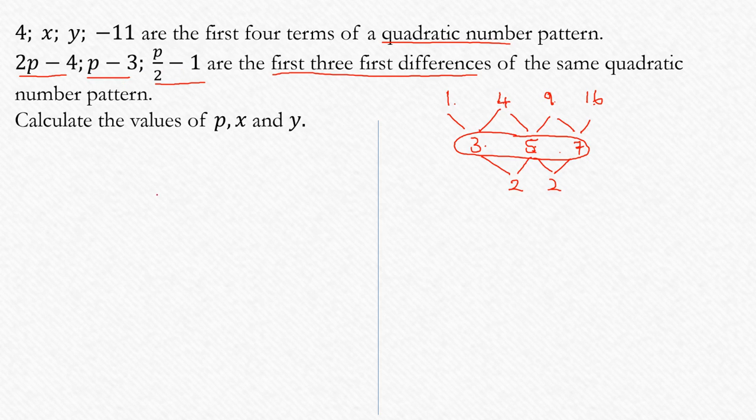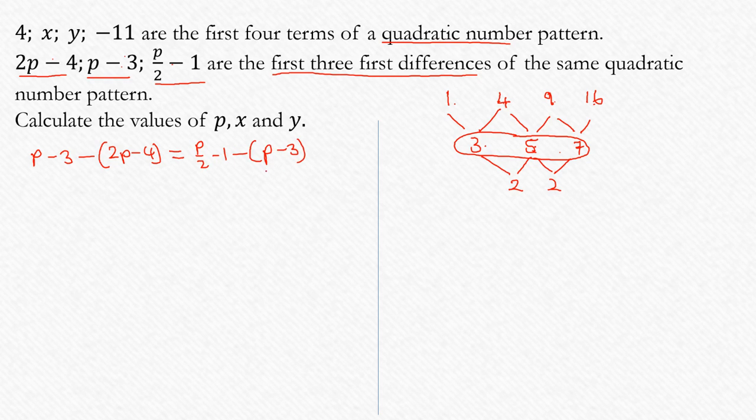Let's start with that. If we say p minus 3 minus, in brackets, 2p minus 4, which is term 2 minus term 1, is equal to term 3 minus term 2. So it's going to be p over 2 minus 1, and then minus, in brackets, p minus 3.